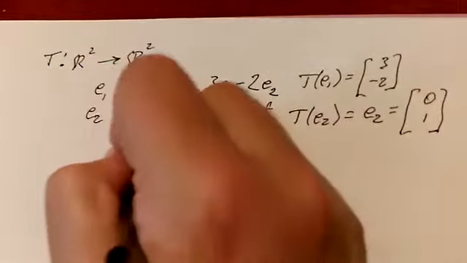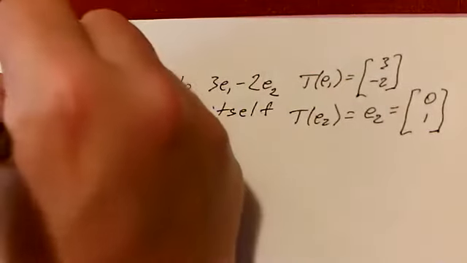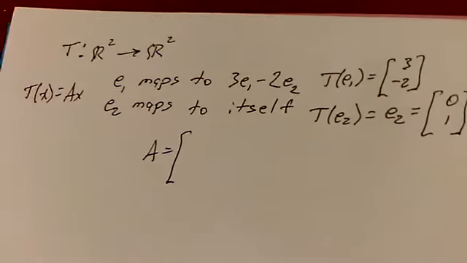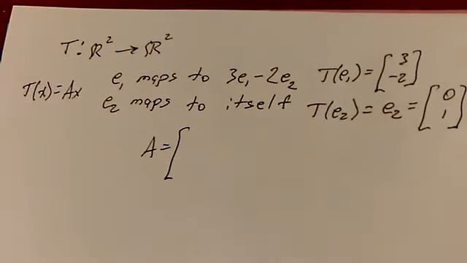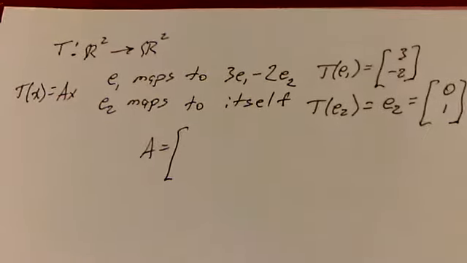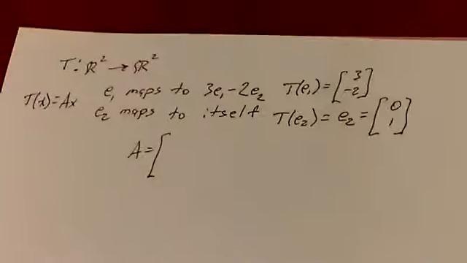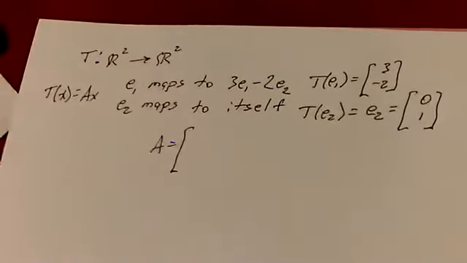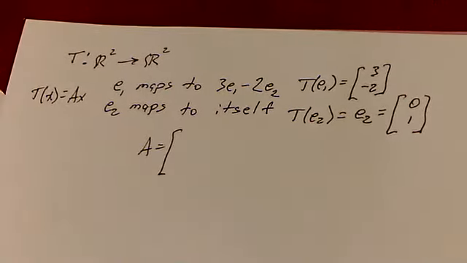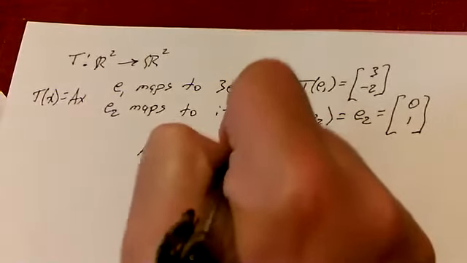So from that, I can write my matrix A for T of x equals Ax. Let me zoom out just a little bit there. Got a little too wide for my camera. So I can write my matrix A then as 3, -2, and 0, 1.